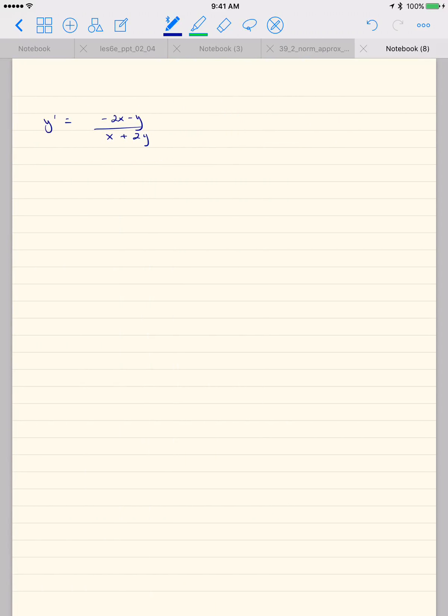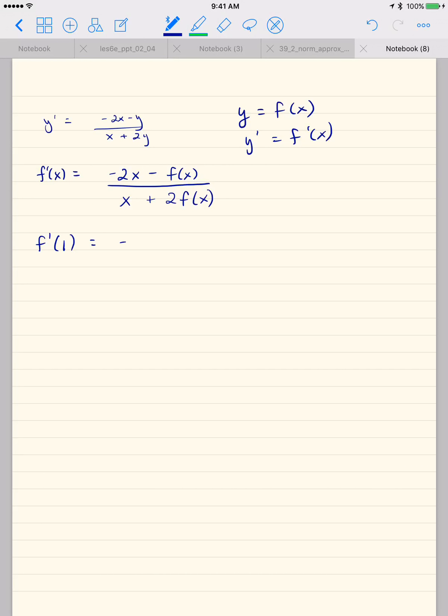So now I'm just going to rewrite it in terms of f prime of x is equal to negative 2x minus f of x, right? Because y equals f of x, and y prime is the same as f prime of x, okay? Divided by, in terms of our notation, x plus 2f of x. So f prime of 1 is going to be negative 2 times 1 minus f of 1 divided by 1 plus 2 f of 1.